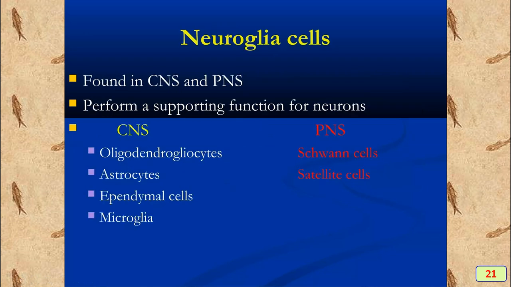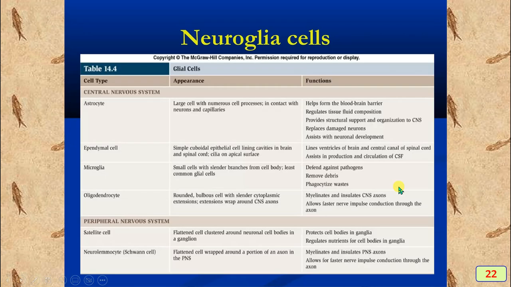So the neuroglia cells are found in the central nervous system and peripheral nervous system and perform a supporting role to the neurons. They include the oligodendrocytes, astrocytes, ependymal cells and microglia, whereas in the peripheral nervous system they are called the Schwann cells or satellite cells.